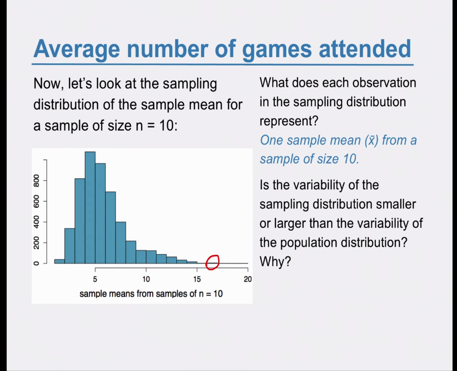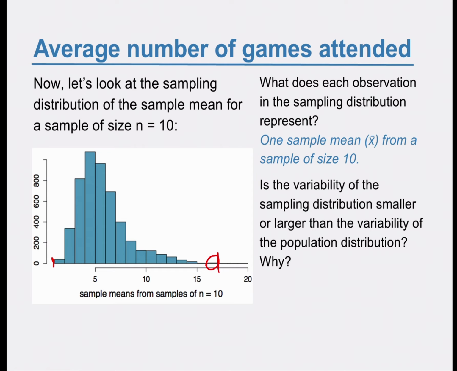Is the variability of the sampling distribution smaller or larger than the variability of the population distribution? Well, the population distribution had a range that went from 0 to 70, so a range of 70. Here, the range is like 16. But the standard deviation is also going to be smaller.